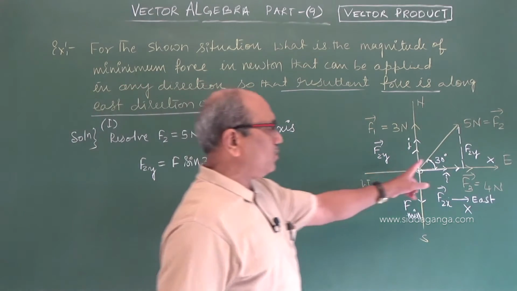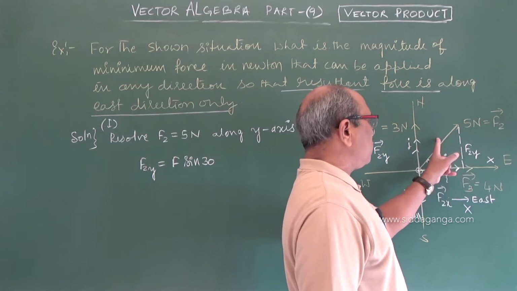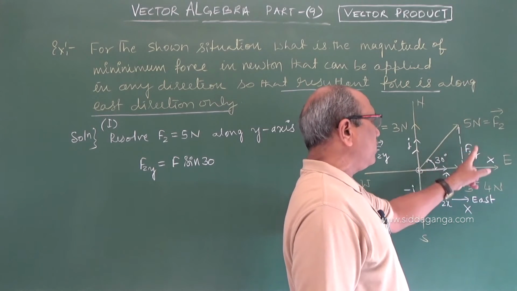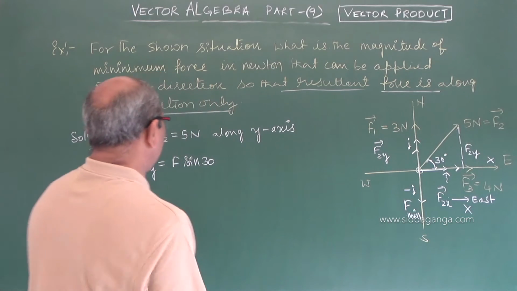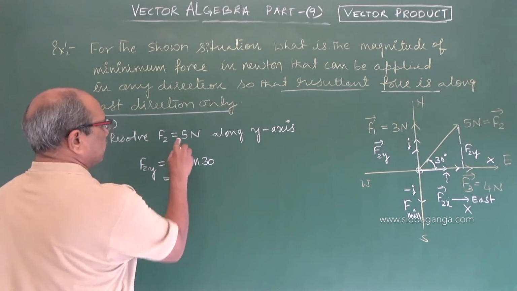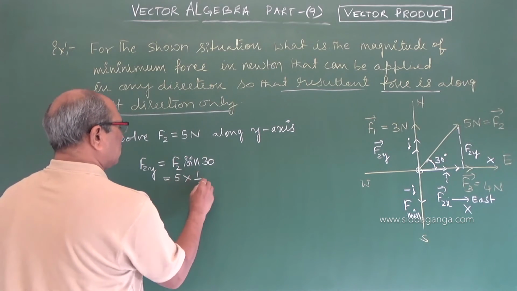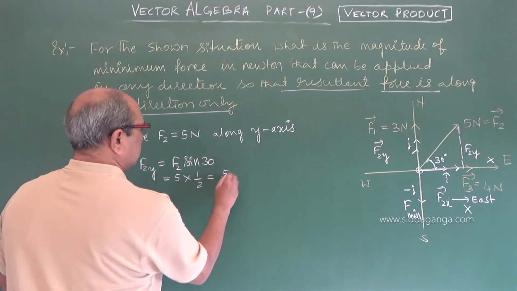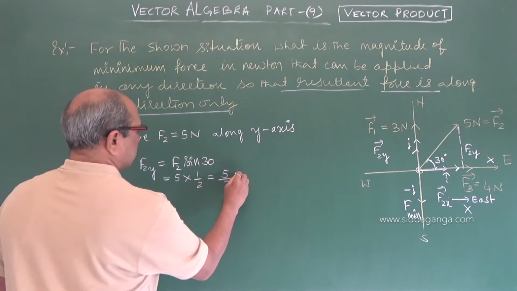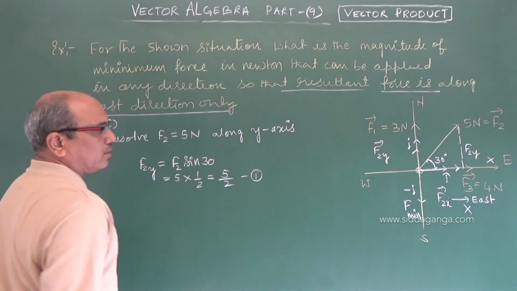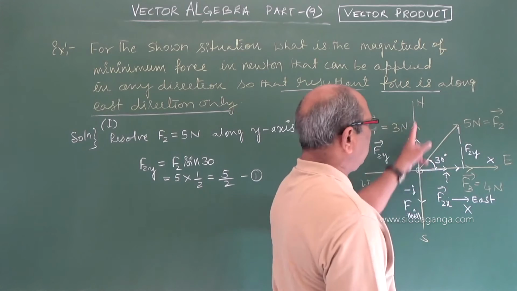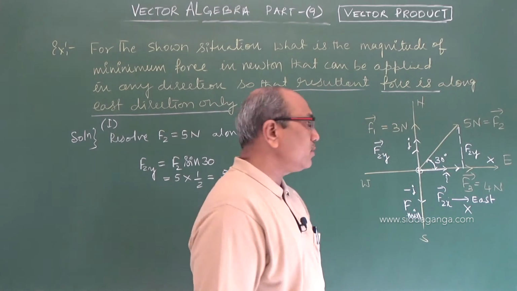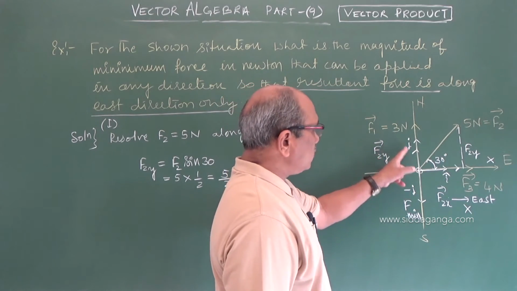I think you have followed here. Opposite side by hypotenuse, and the hypotenuse is 5 Newton. F2y by 5 is sin 30. So F2y is 5 Newton into sin 30, which is half, so 5 by 2. Now it is acting along one direction, no doubt upward. Now take these two.